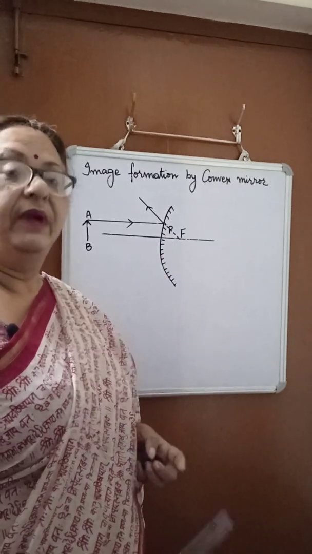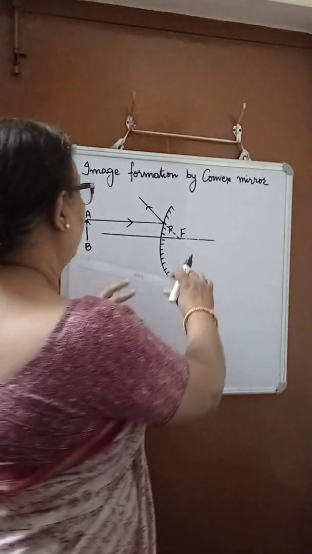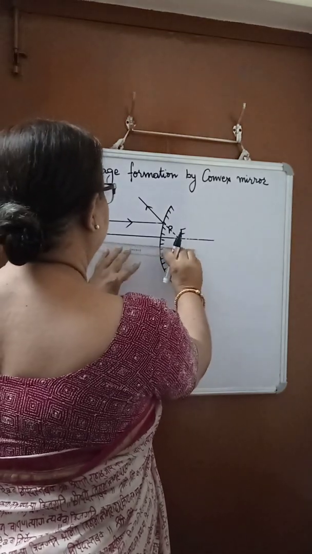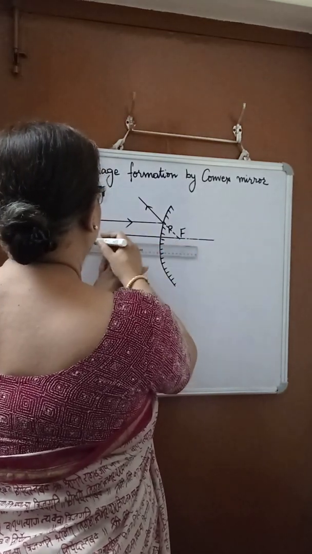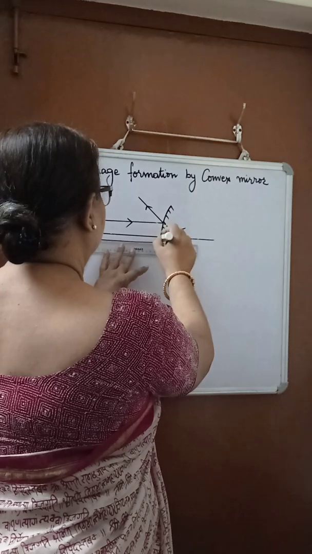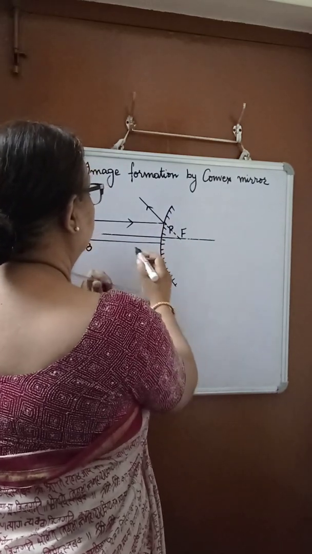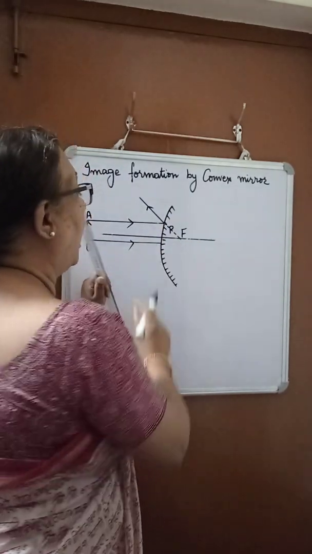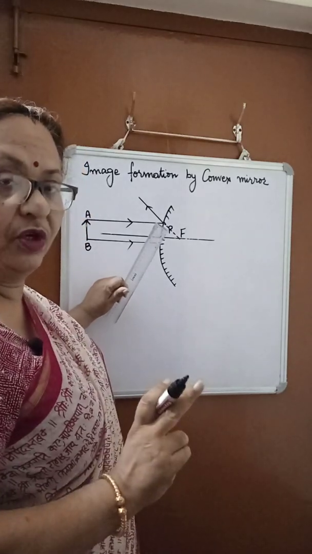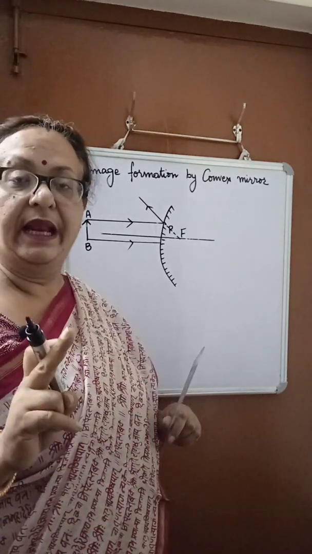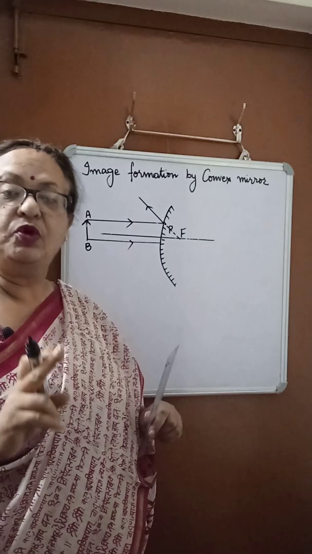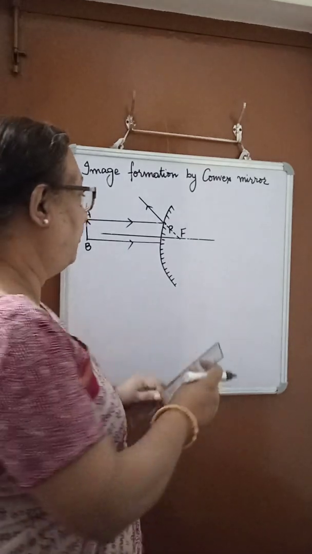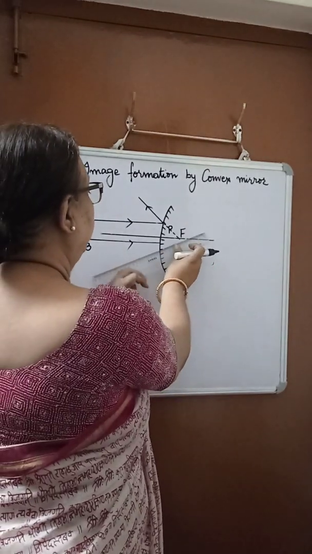A ray parallel to the principal axis after reflection goes along this direction, so that when produced backwards it passes through the focus. We consider another ray, which is again parallel to the principal axis. The ray after reflection, where will it go? It will go in such a direction that when produced backwards it passes through the focus.